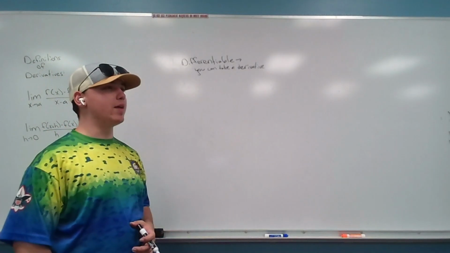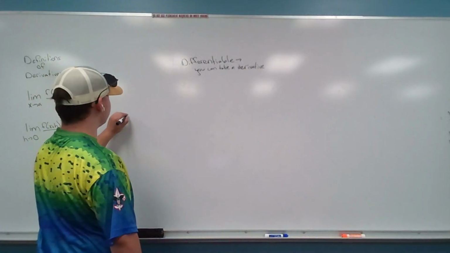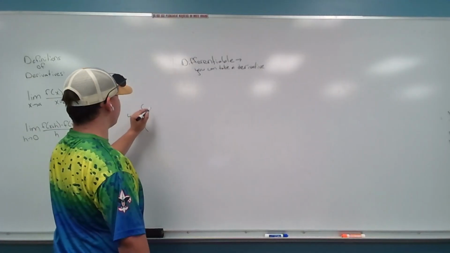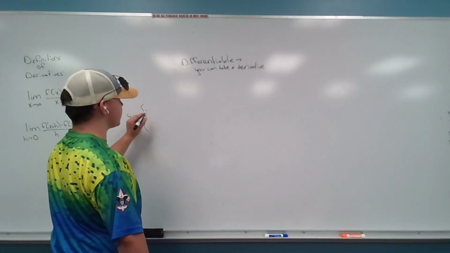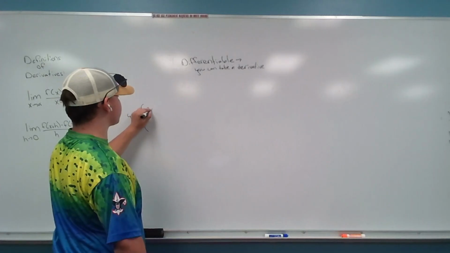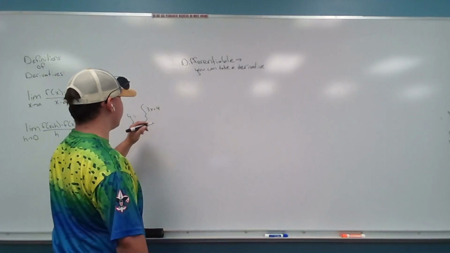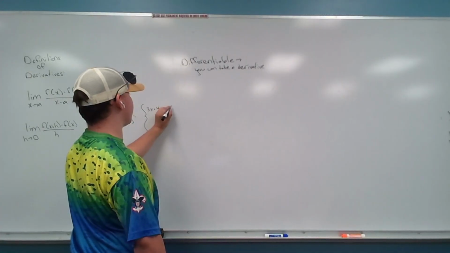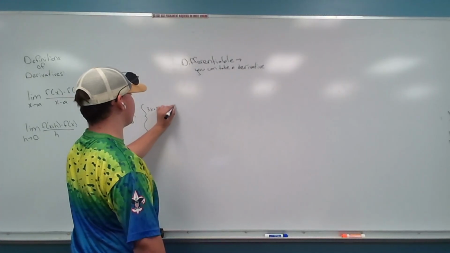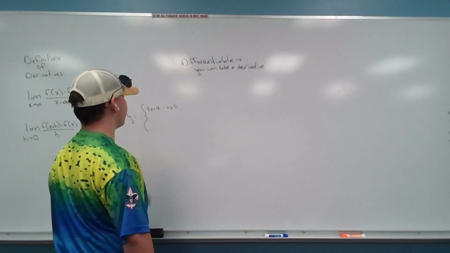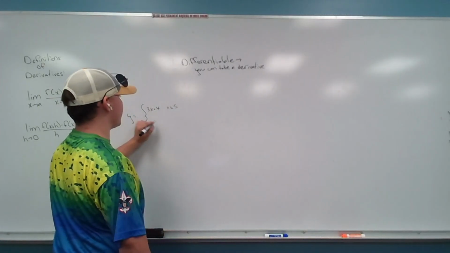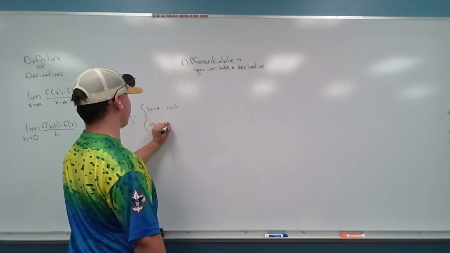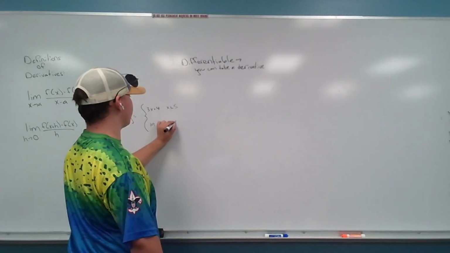So say for example you have a piecewise function where y equals 3x plus 4 when x is less than or equal to 5, and y equals 19 for x greater than 5.